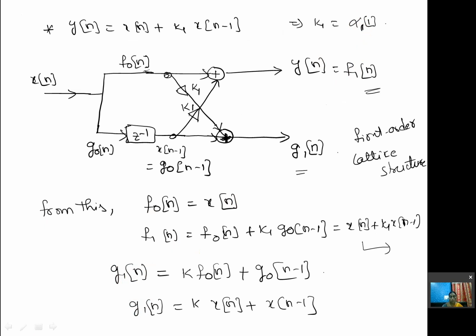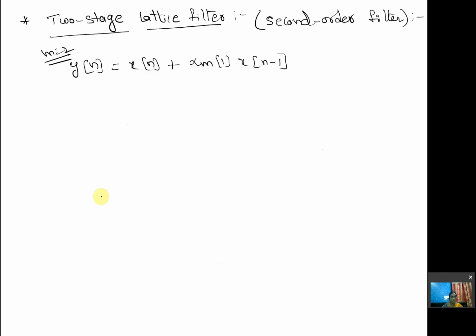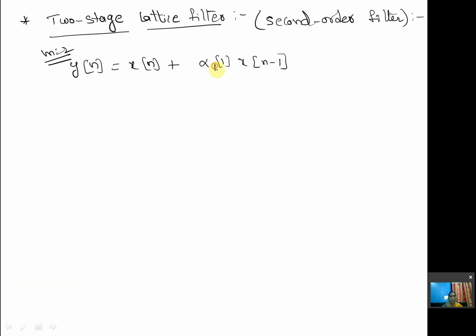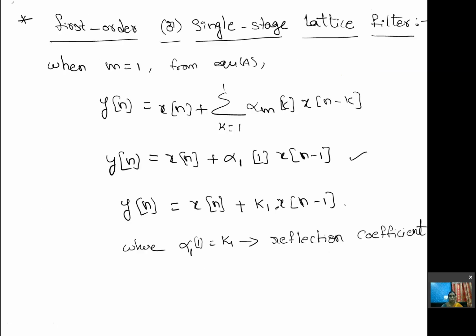Okay, right. So now see. Here also m is 2, which means alpha 1 plus alpha m2, which means alpha 2 of, see the formula, right? So here k is 1 to 2. First, m is 2 always, so alpha 2 of 1 times x of n minus 1, then if you apply k2, alpha 2 of 2 into x of n minus 2.